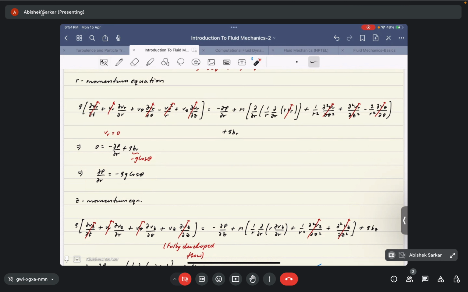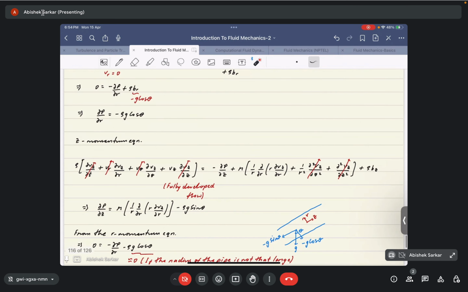So let's consider the z momentum equation first. We will have rho multiplied by dou vz by dou t plus vr dou vz by dou r plus v theta dou vz by dou theta plus vz dou vz by dou z, equal to minus dou p by dou z plus mu times 1 by r dou by dou r of r dou vz by dou r, plus 1 by r square dou square vz by dou theta square plus dou square vz by dou z square, plus rho bz.